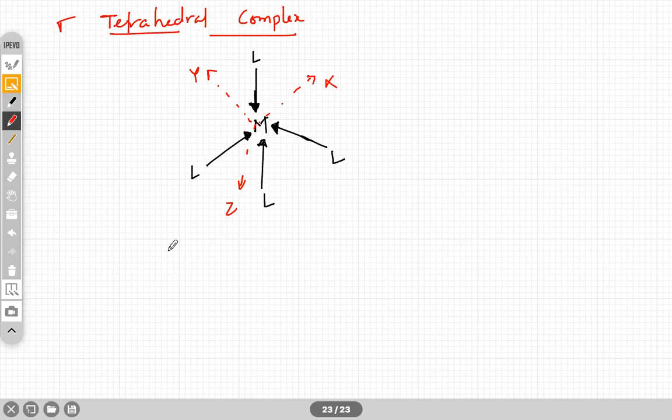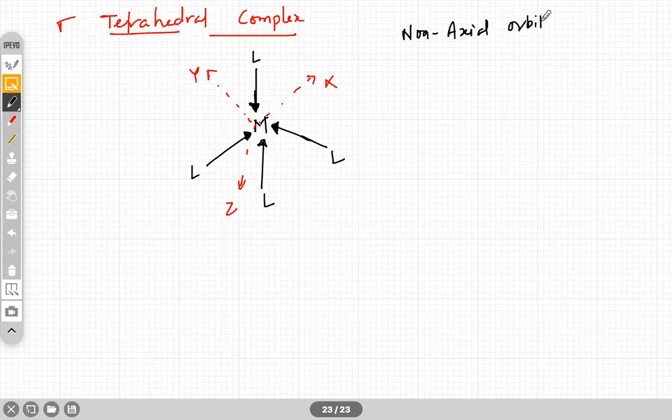So obviously what we can say is the ligands are approaching the metal not along the axis, but in between the axes, right? In between the axes, you see. So obviously the non-axial orbitals in this case experience more repulsion, and hence go to the higher energy level.